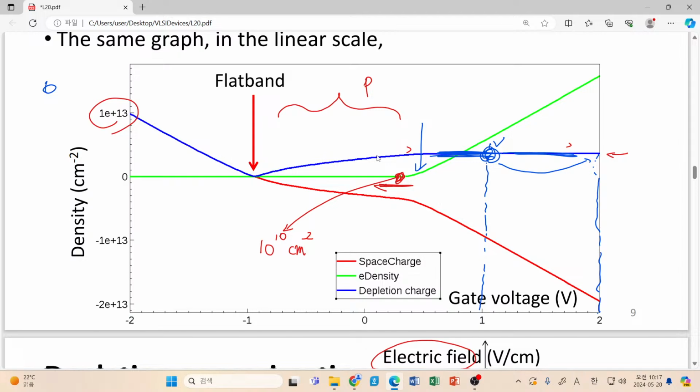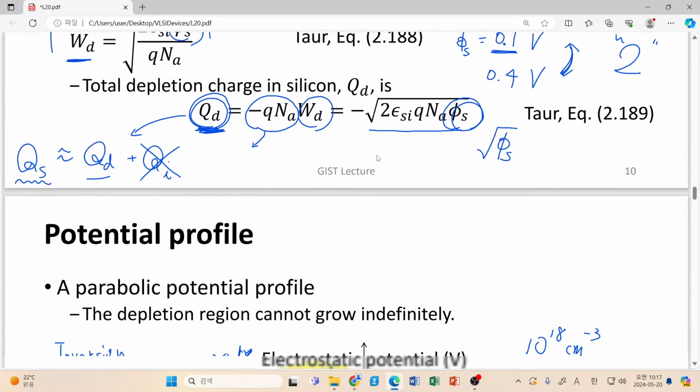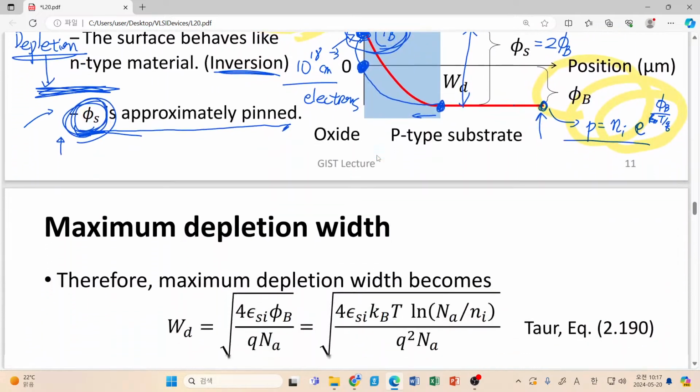Because it is increasing. However, its increment is much smaller than the change of gate voltage. So if we change 1 volt and it just changes a few millivolts, then virtually it does not grow at all.